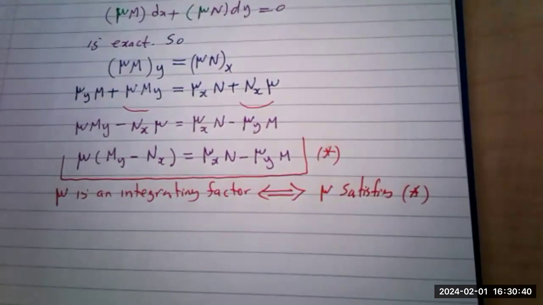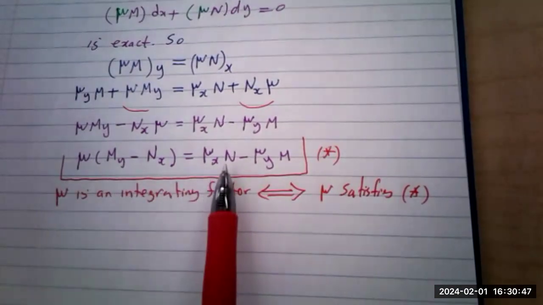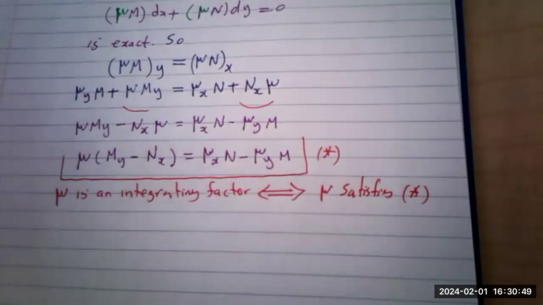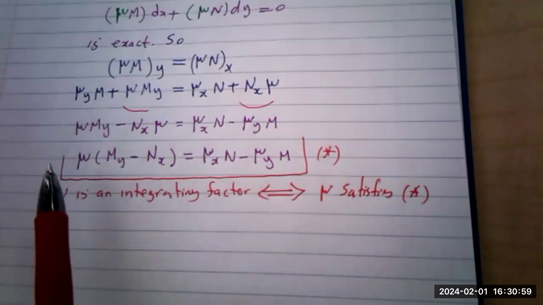Look at this one: M, N, M sub y, N sub x, all of them are known. The only unknown of your problem is mu. So this is a kind of differential equation in terms of mu.